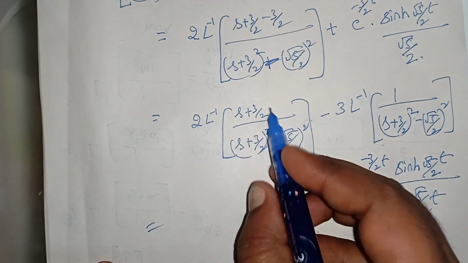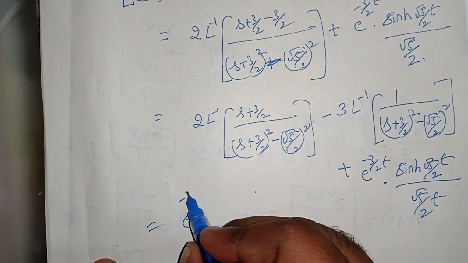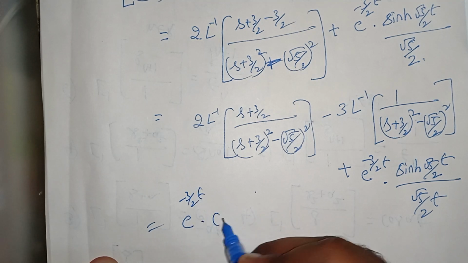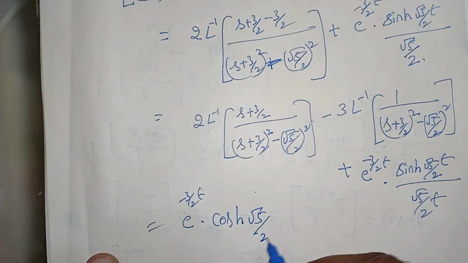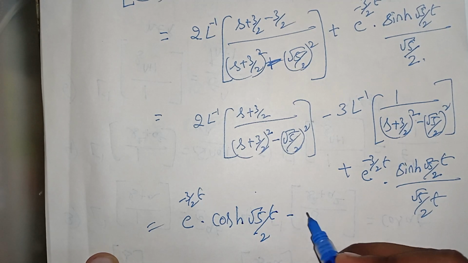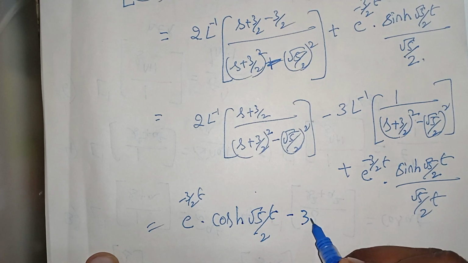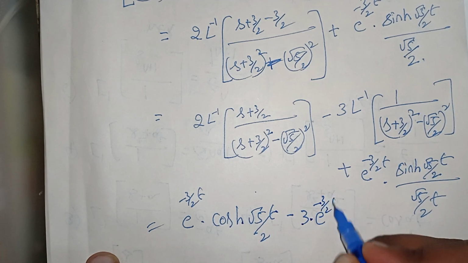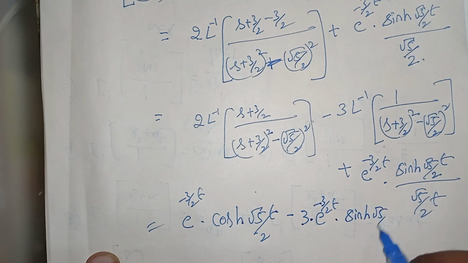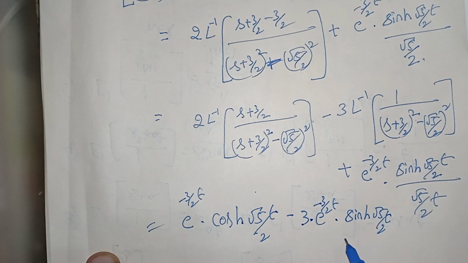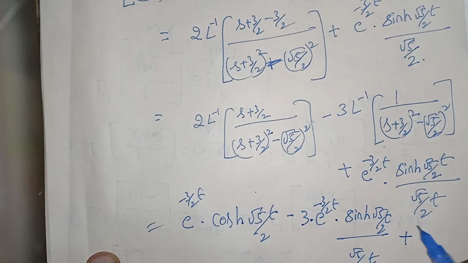So finally this is nothing but e to the power of minus 3 by 2 t into cos h of root 5 by 2 t minus 3 into e to the power of minus 3 by 2 t sin h root 5 by 2 t divided by root 5 by 2, plus this term.